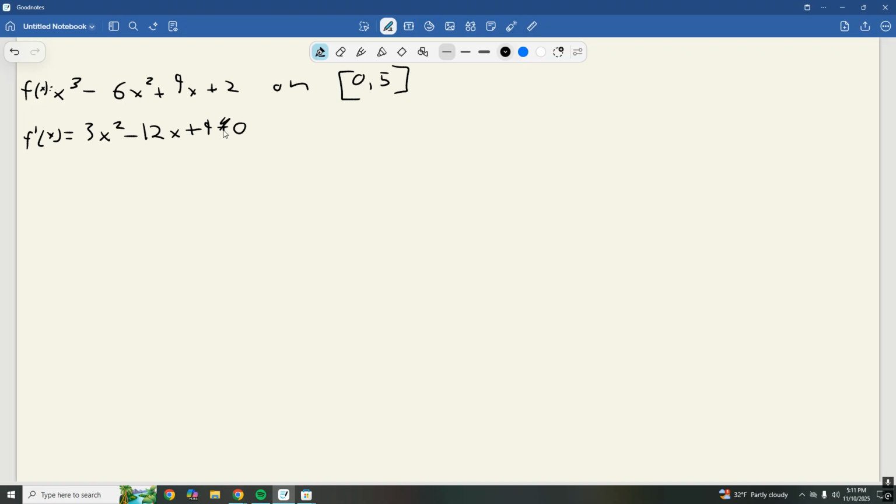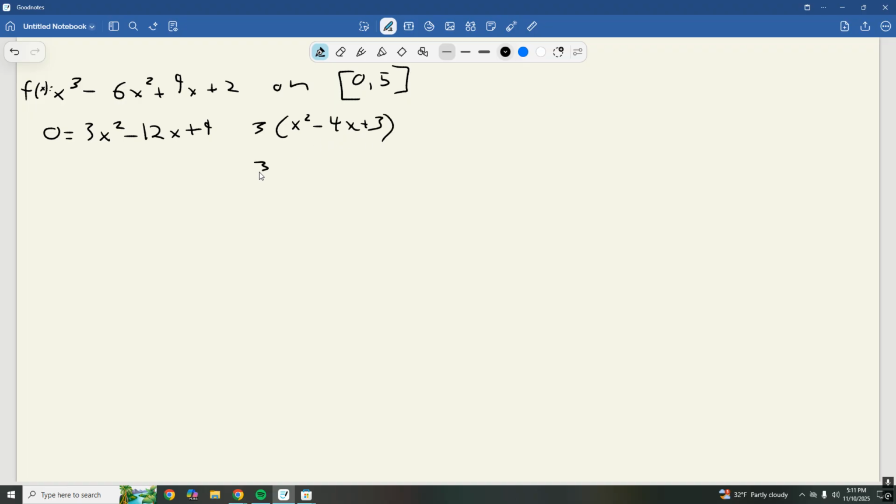So what we're going to do is take what we have and set it equal to 0. Then we just do regular algebraic stuff where we factor this, and we can factor out a 3 here. X squared minus 4x plus 3.